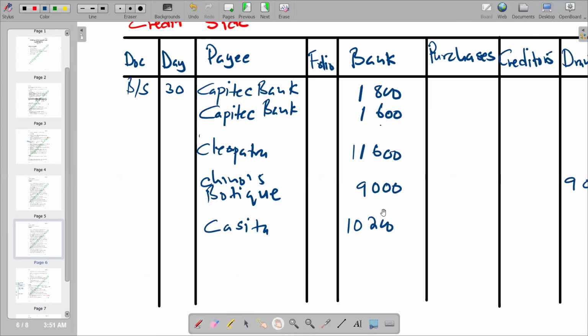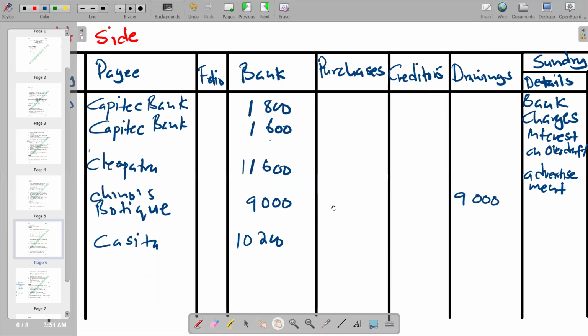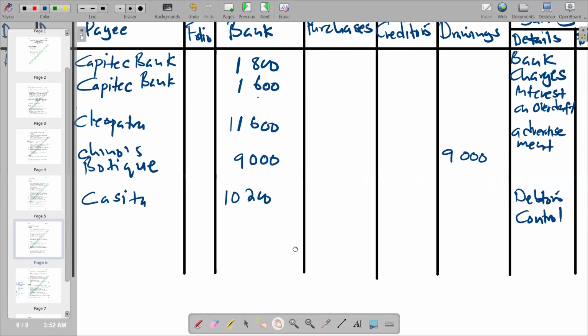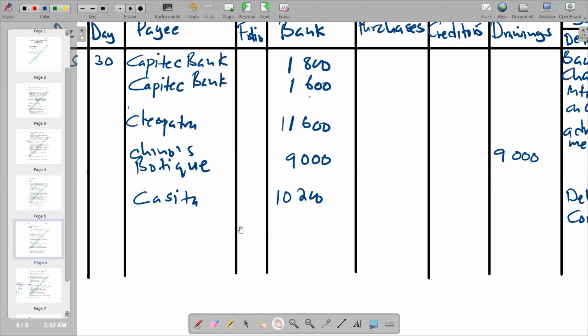And we see that this is a debtors control, but we don't have a column for that. So it's supposed to come under the sundry. So we are supposed to give a description of debtors control. And the amount is 10,200. So basically, this is what we have on that one.